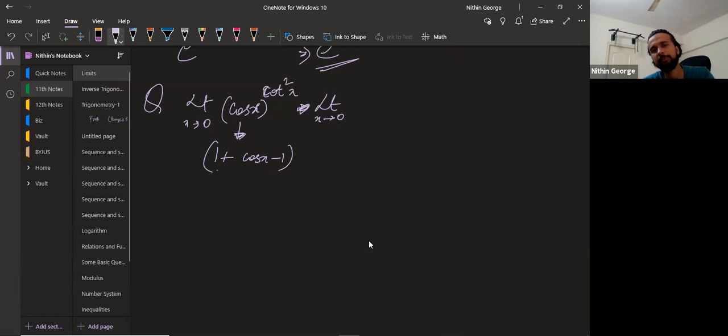You write this as 1 plus f of x. And you notice that f of x tends to 0, which is cos x minus 1. And g of x tends to infinity, which is cos square x. So this becomes e power limit x tends to 0, f of x into g of x, which is cos x minus 1 into cos square x, which is nothing but cos square x by sin square x.